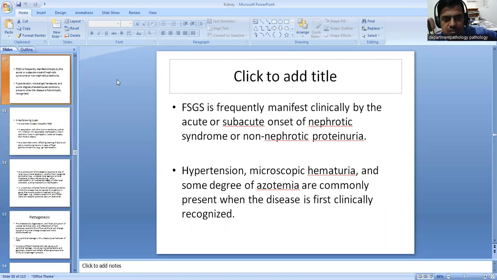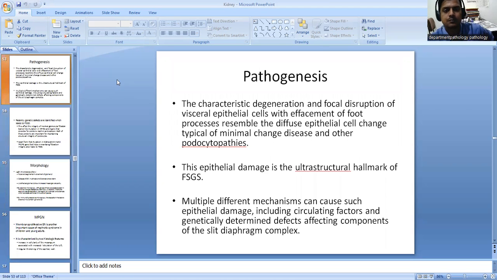Pathogenesis of FSGS. The characteristic degeneration and focal disruption of visceral epithelial cells with effacement of foot processes resembles the diffuse epithelial cell change typical of minimal change disease and other podocytopathies.